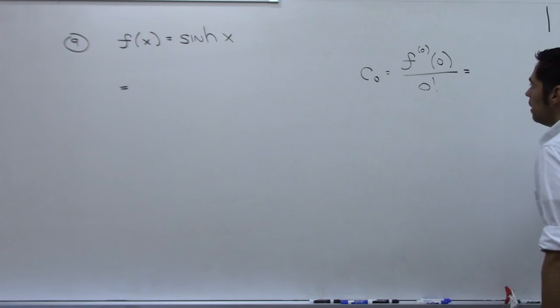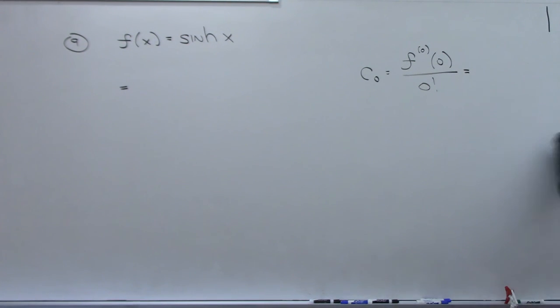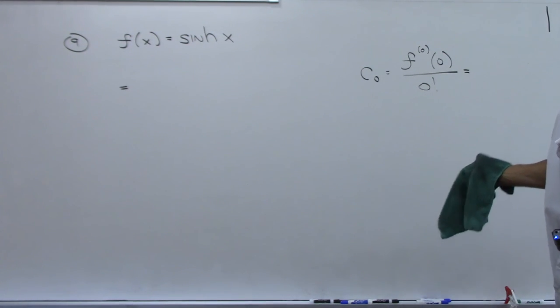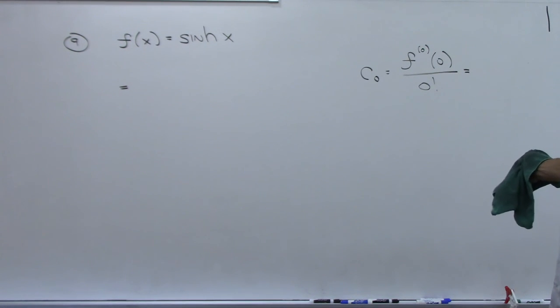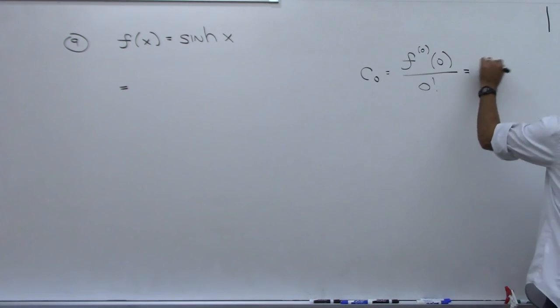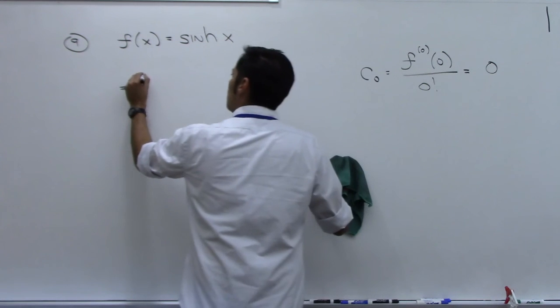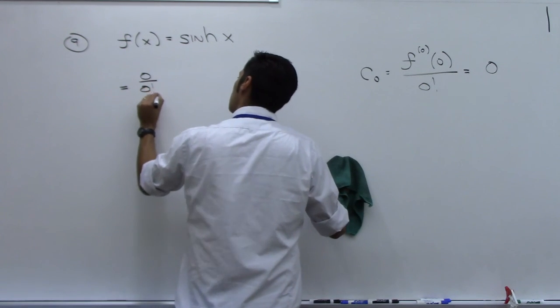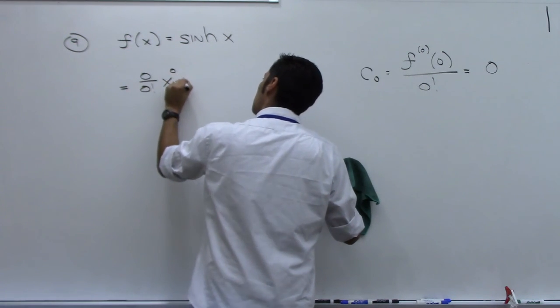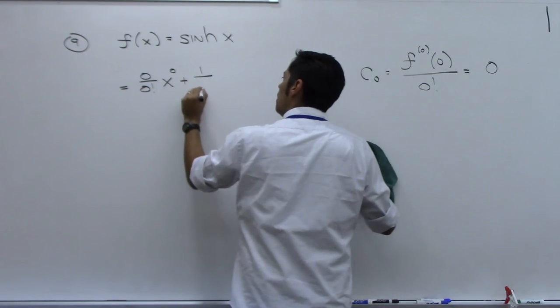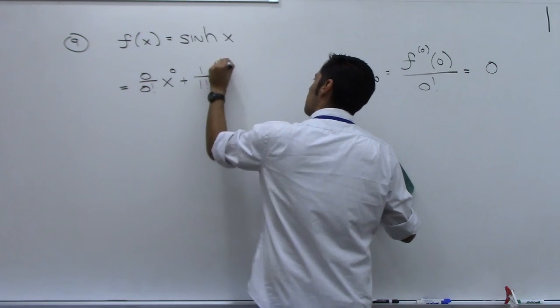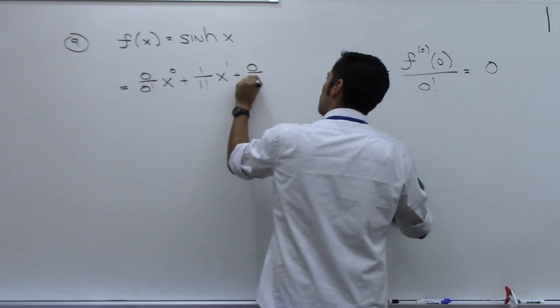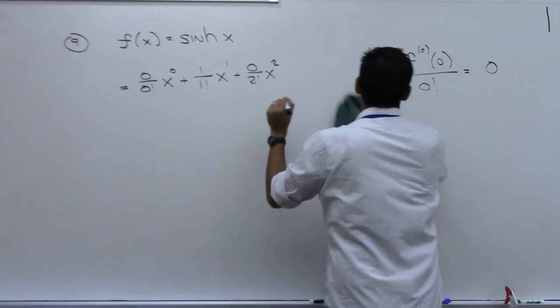We said that the 0th derivative was 0, so this is just going to be 0. So I'll write it down over here: 0 over 0 factorial x to the 0 plus, now this time we're going to get a 1 over 1 factorial x to the first plus a 0 over 2 factorial x squared.